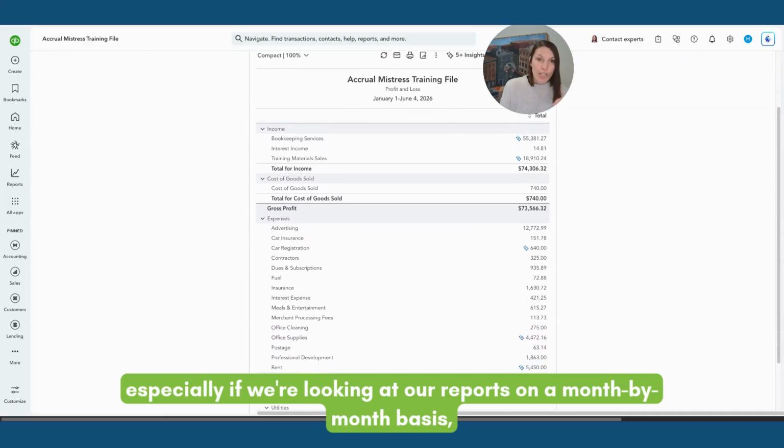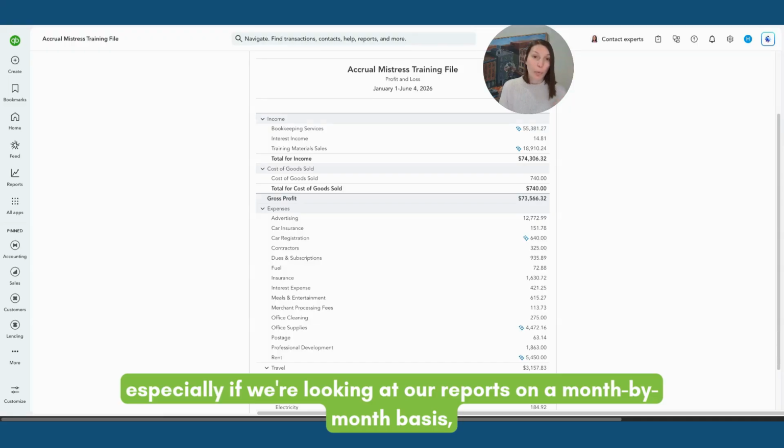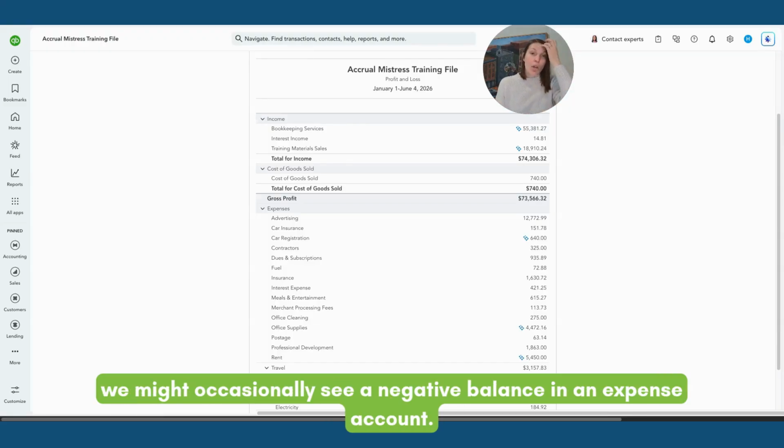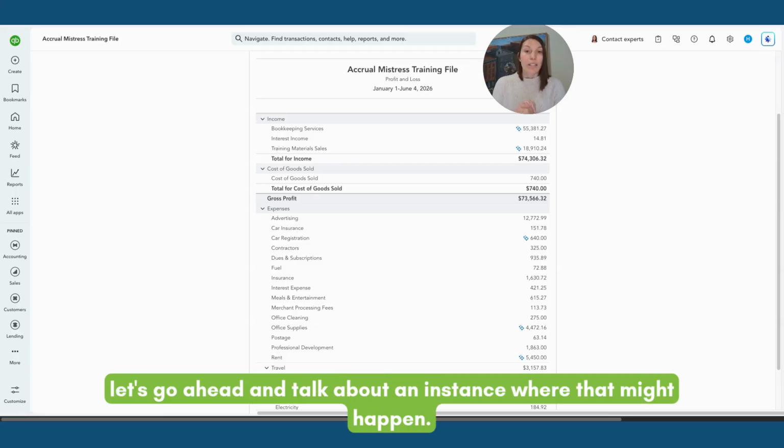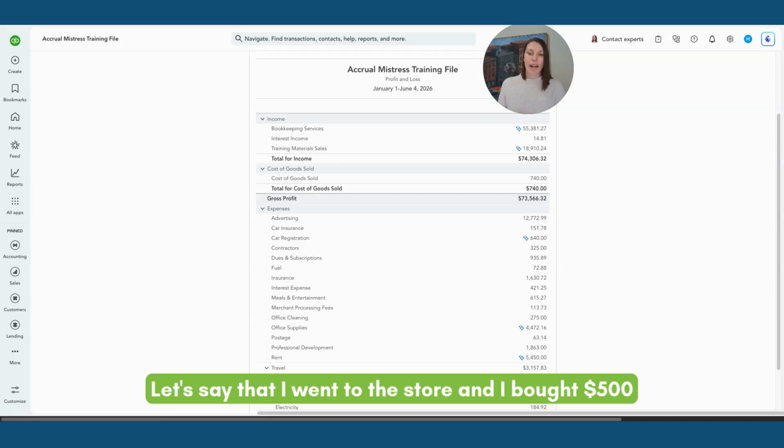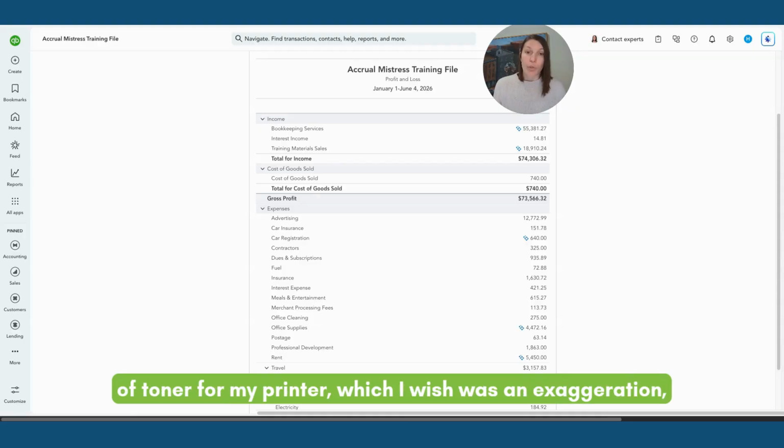And occasionally, especially if we're looking at our reports on a month-by-month basis, we might see a negative balance in an expense account. Let's talk about an instance where that might happen. Let's say that I went to the store and I bought $500 of toner for my printer, which I wish was an exaggeration, but it's really probably not.